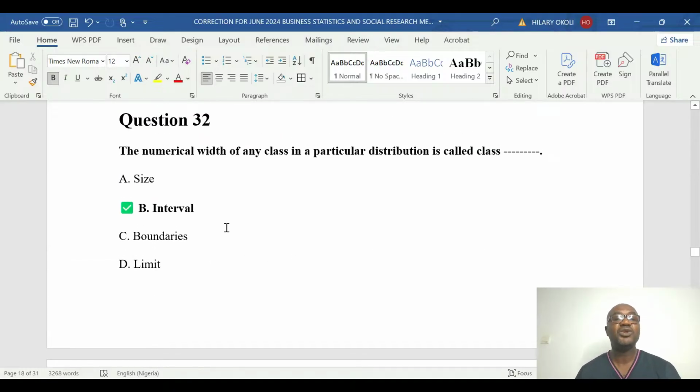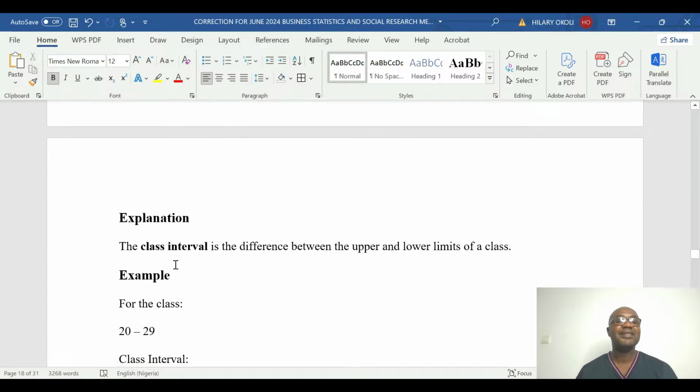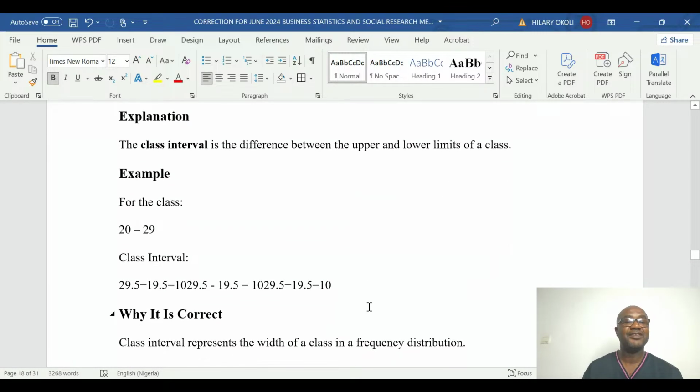The numerical width of any class in a particular distribution is called class what? Class interval. Class interval is the difference between the upper and the lower limit of a class. We discussed that in our class.